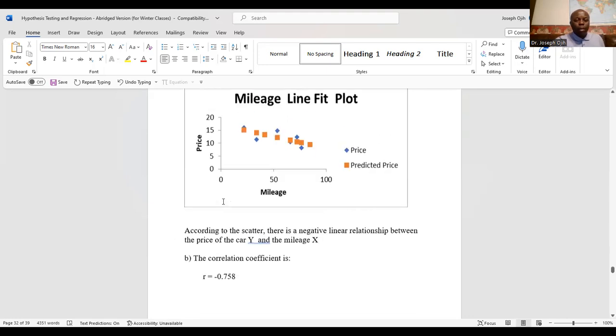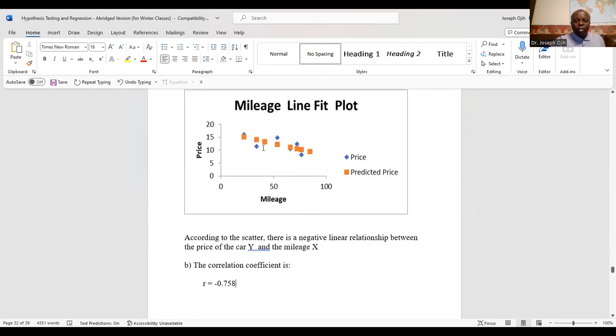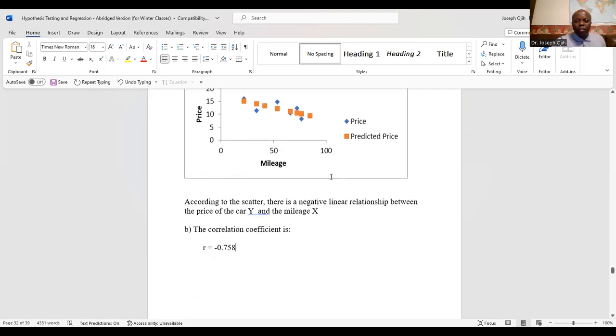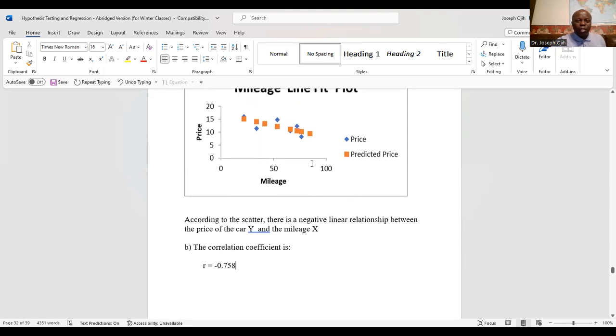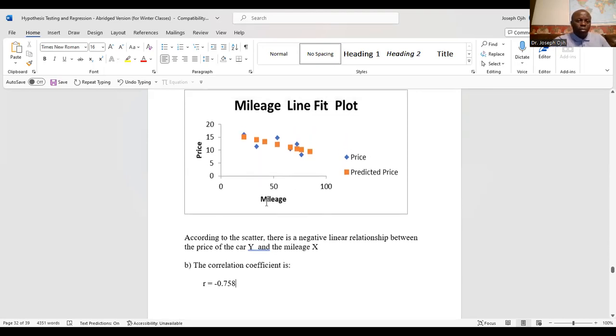See, which confirms what we have in the chart. The chart stated that there is a negative linear relationship between the mileage and the predicted price. So when the mileage is high, the price is low. When the mileage is low, the prices are high.